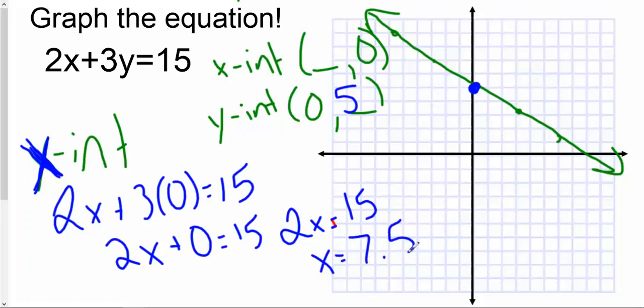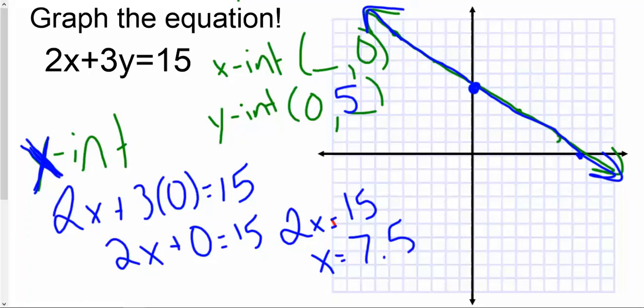So 7.5 is going to happen somewhere right in between 7 and 8, which is good. This will give us the exact same line, which is great, because if it didn't, we did something wrong.